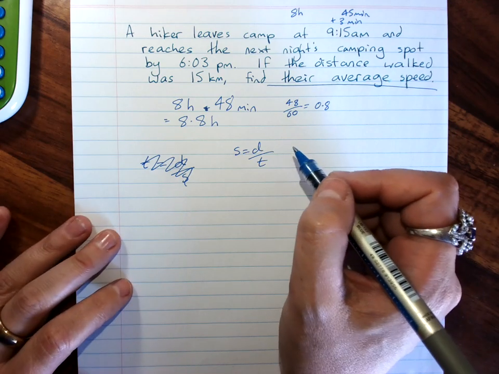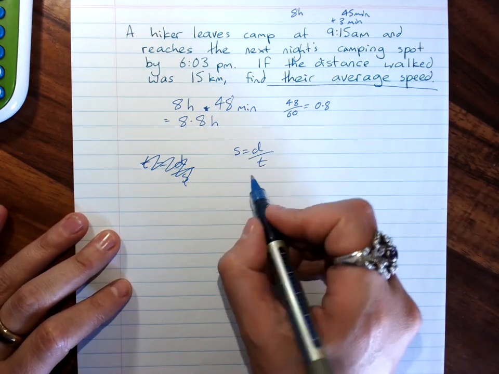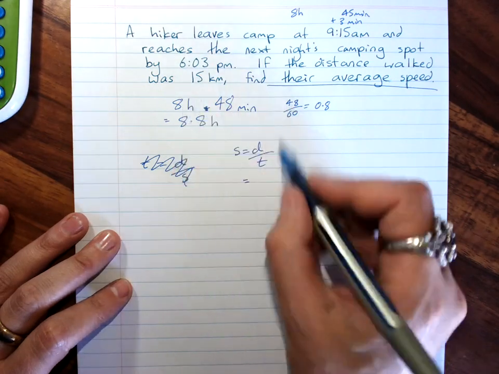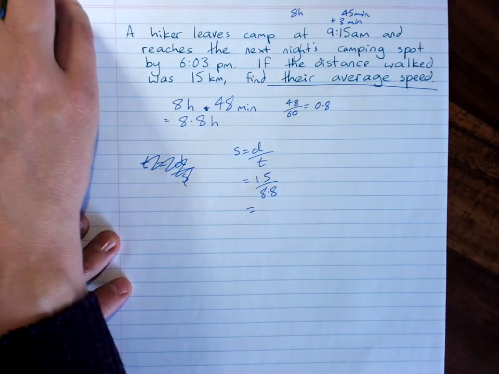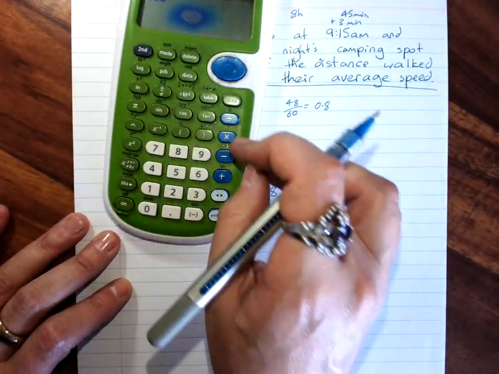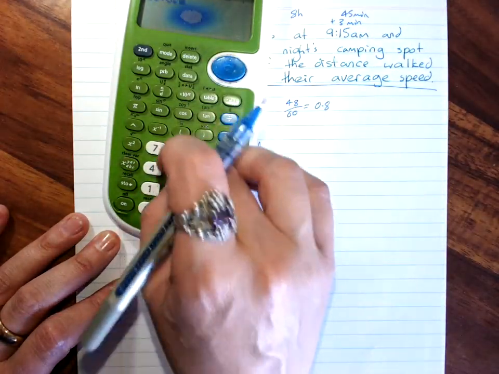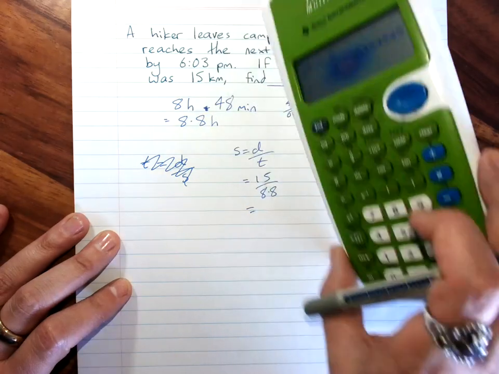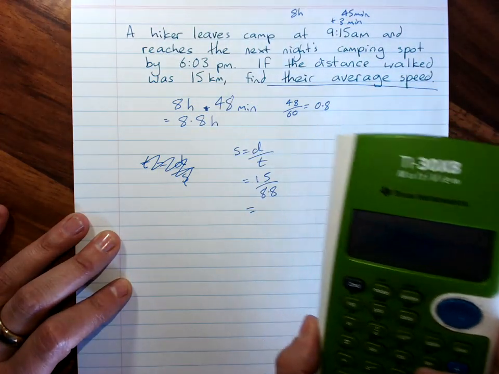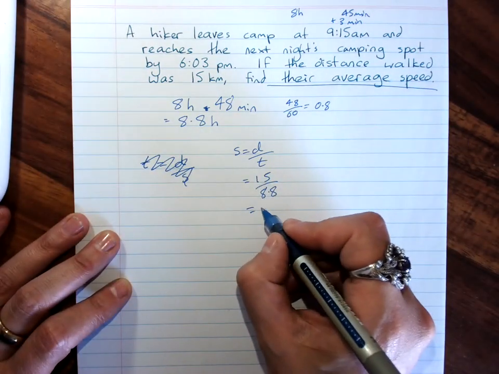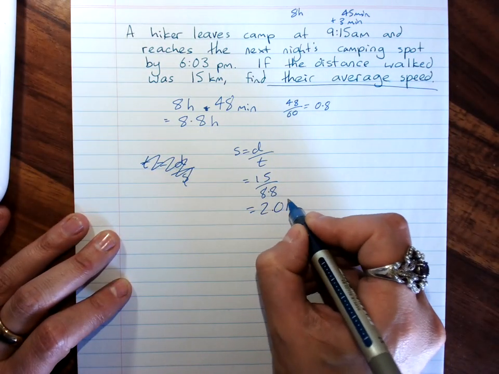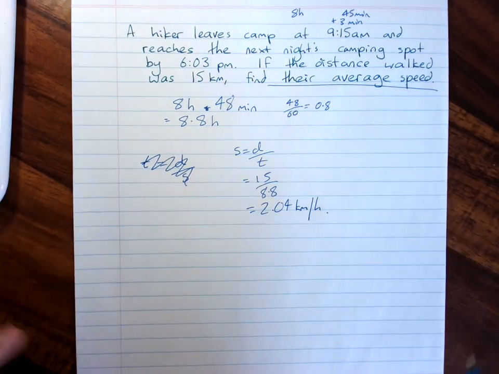I'm sorry, I'm sure you can work it out. Distance of 15 kilometres over 8.8 hours. 15 divided by 8.8, and an average speed of 2.04 kilometers per hour. Sorry, I didn't do a time question.